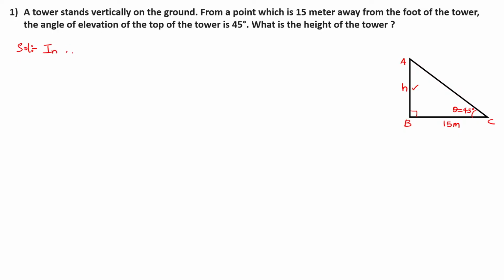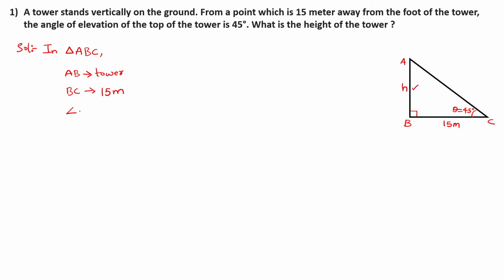In triangle ABC, AB is the tower which you can see on the screen, and BC is the distance between the observer and the tower. It is given as 15 meters.